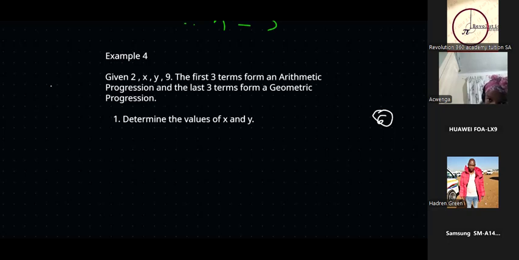So the first 3 terms are going to be 2, x, and y. Arithmetic progression is an arithmetic sequence.